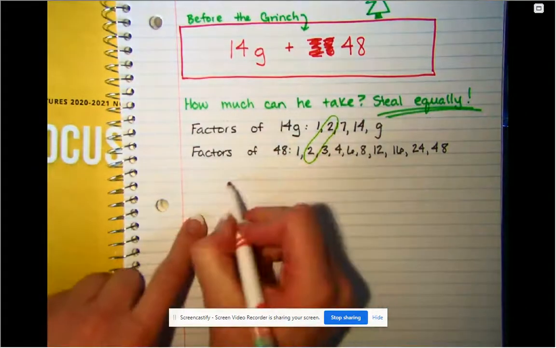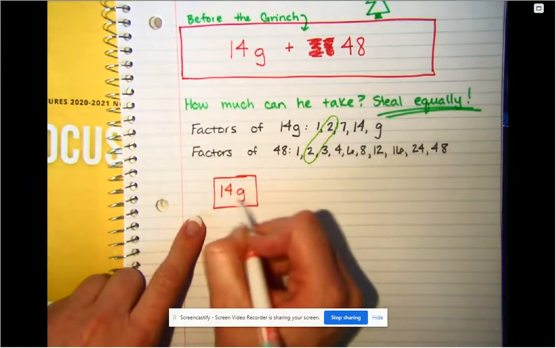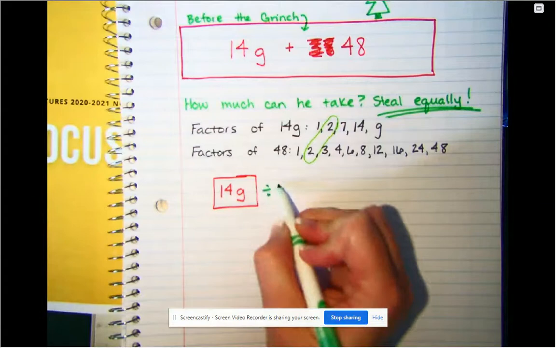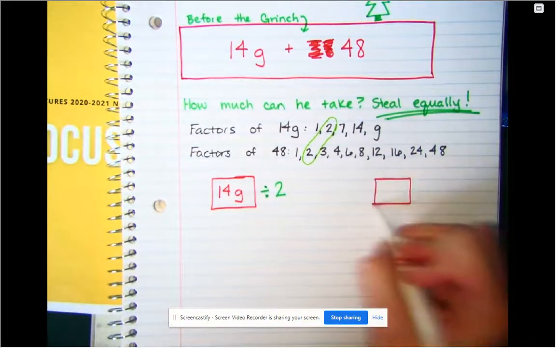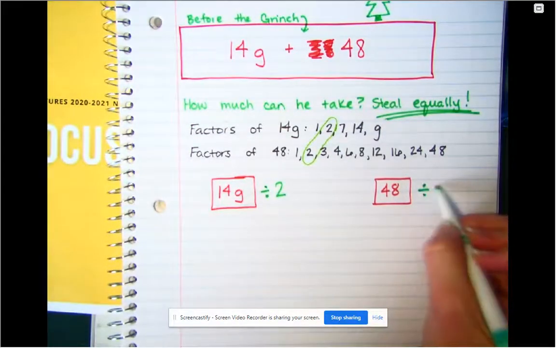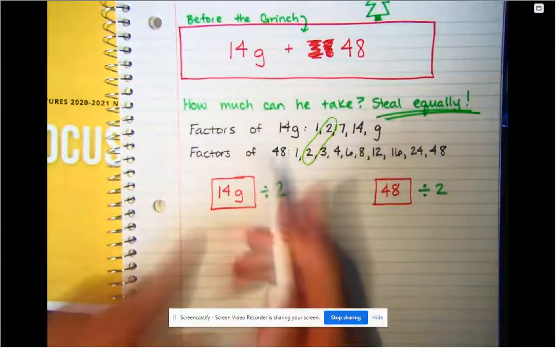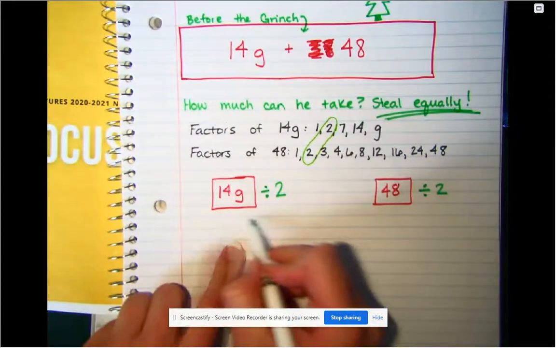So he starts with 14g, and he's going to divide out 2. And he's going to start with 48. And he's also going to divide out 2 because he is a fair guy. All right, 14g divided by 2 leaves 7g.